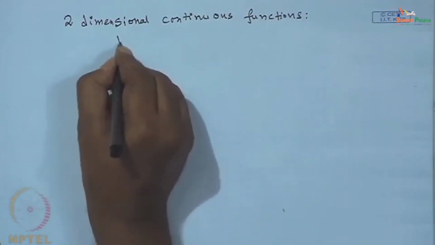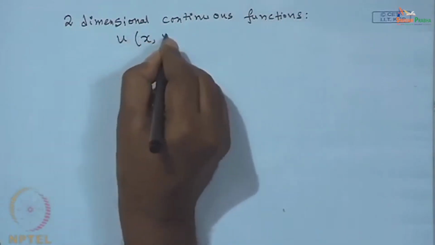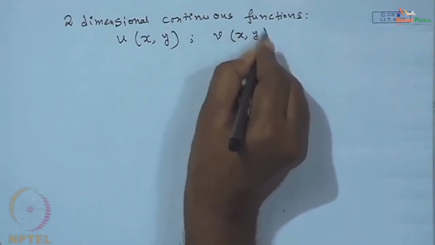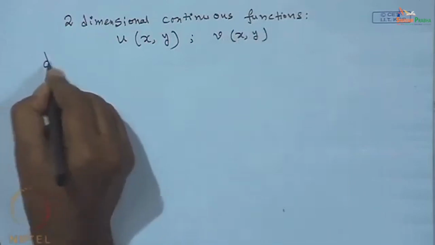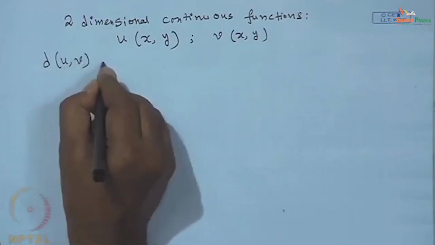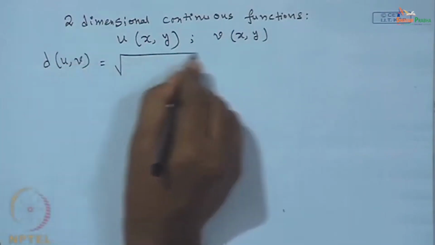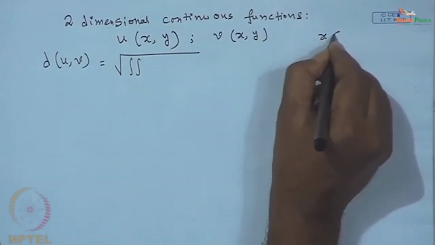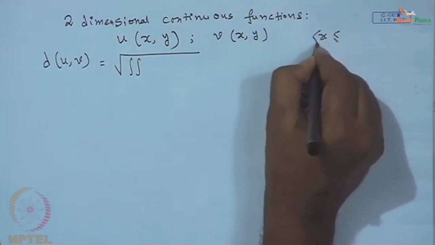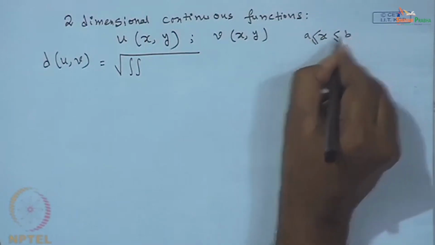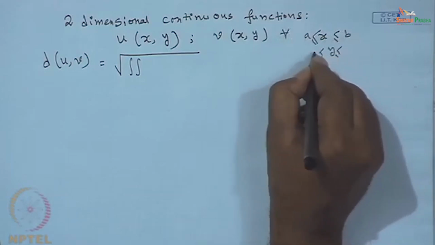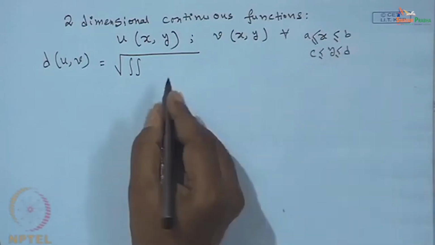That means, if we have functions u as a function of x and y, v as a function of x and y, then the metric between u and v is nothing but the square root, let us say x lying between a and b, y lying between c and d.